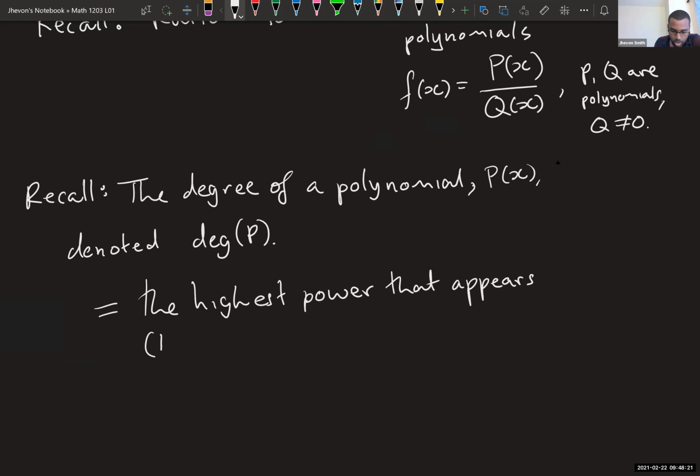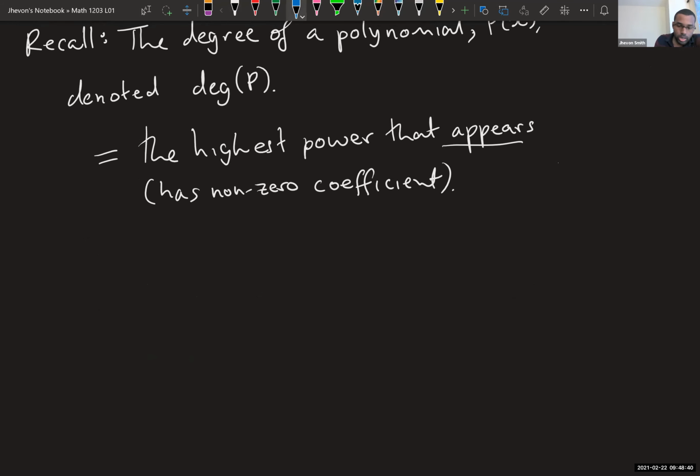Appears means has non-zero coefficient. Technically, I can take any polynomial and add 0 times x to the million, and oh, now the highest power is a million. No, non-zero coefficient. Right, so some quick examples to make sure you know that.